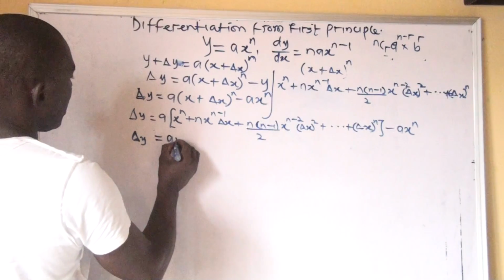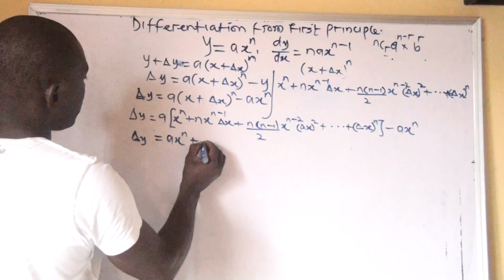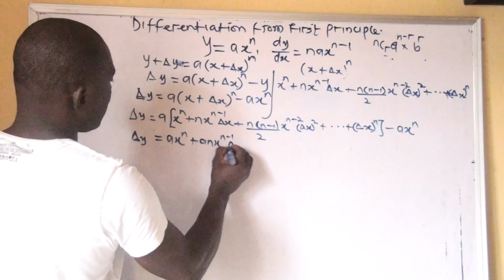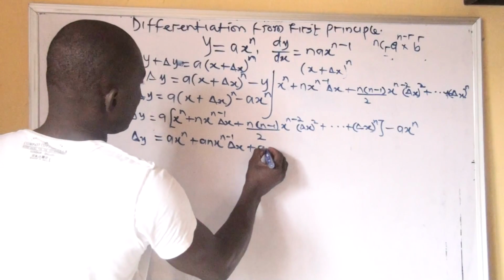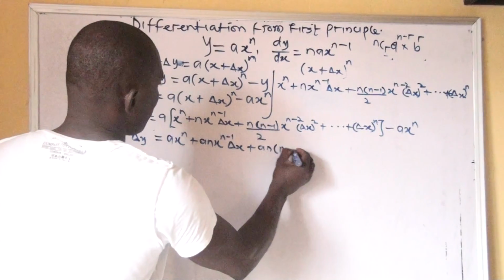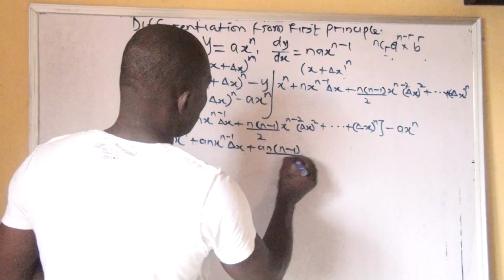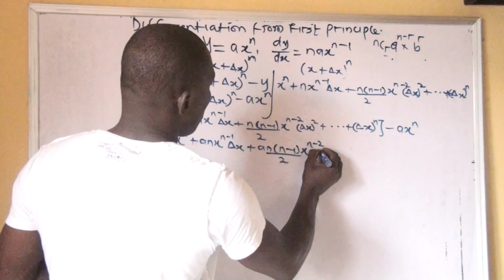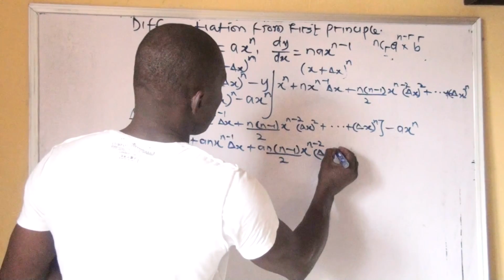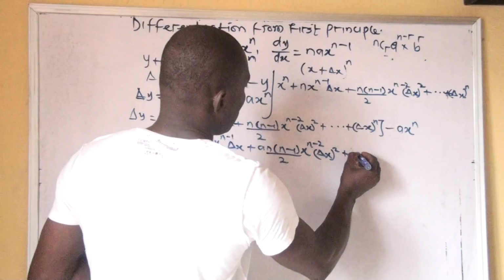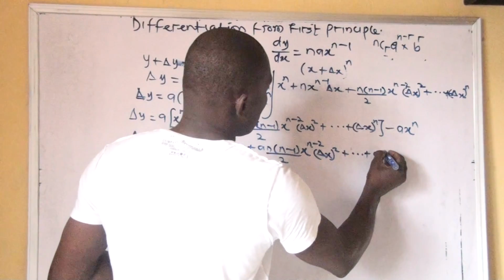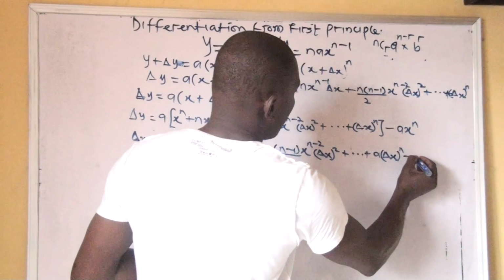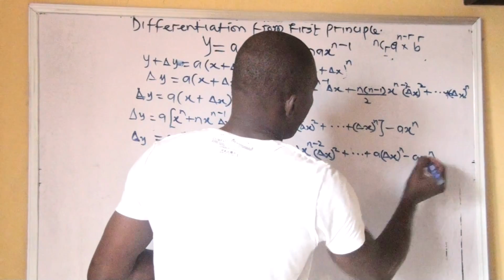This will become a x raised to power n plus a n x raised to power n minus 1 delta x plus a n(n minus 1) all over 2 x raised to power n minus 2 delta x all square plus, dots, plus a delta x all raised to power n minus a x raised to power n.